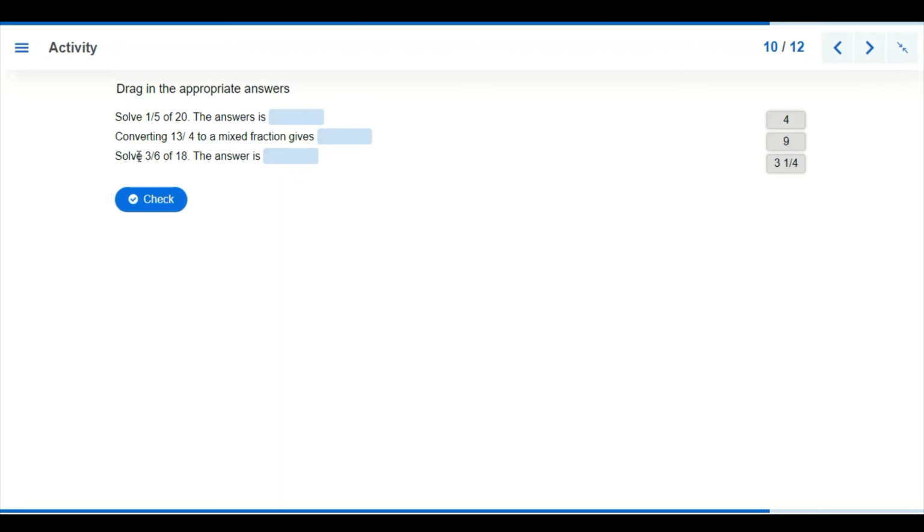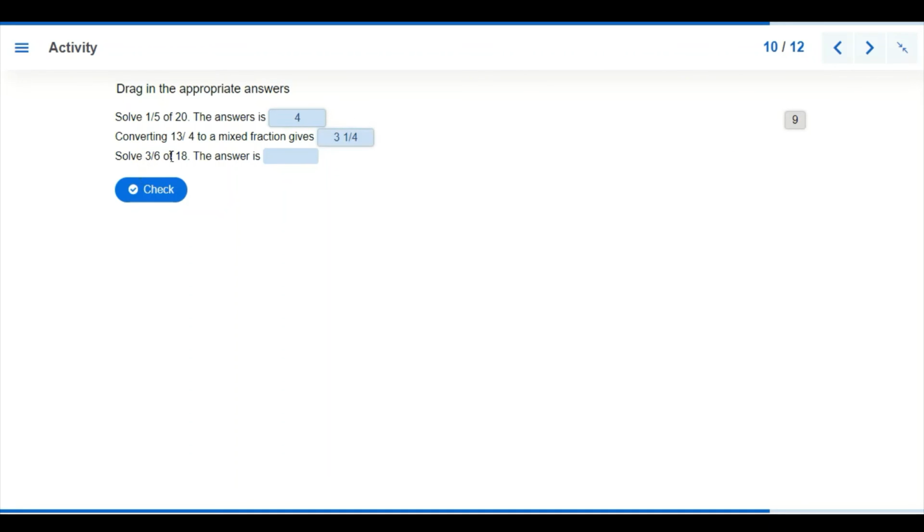And for this last one, we have 3 over 6 of 18, which is 3 times 18 divided by 6. So now if we do the first one, 1 over 5 of 20, 20 divided by 5 should give us 4. 4 can go in 13 how many times? We have 3 times, that is 12, remainder 1. So we have 3 whole number 1 over 4.